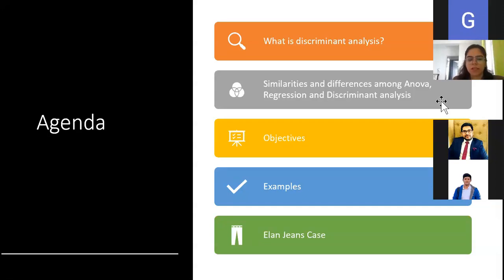After that, there is the Ellen Jeans case. There were three questions in that case, and we solved only one. I said the remaining two can't be done using factor analysis, and we'll see how we can use discriminant analysis to solve those questions.